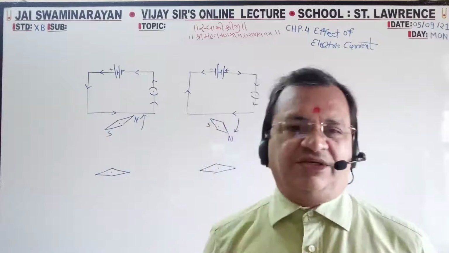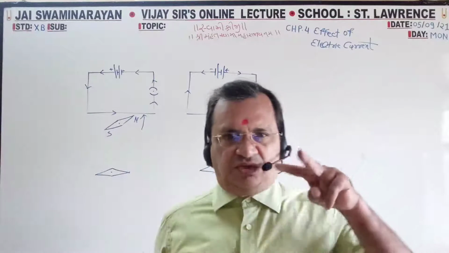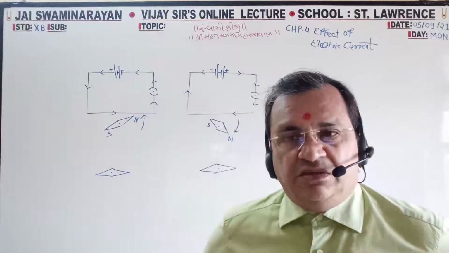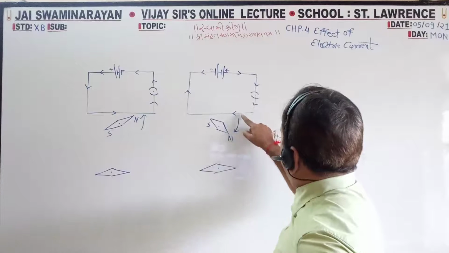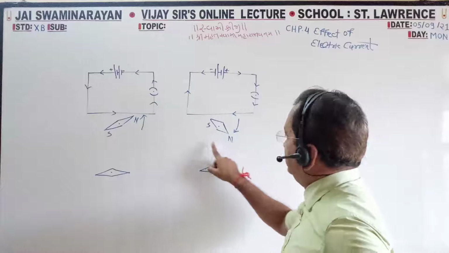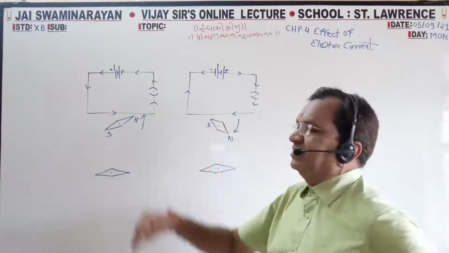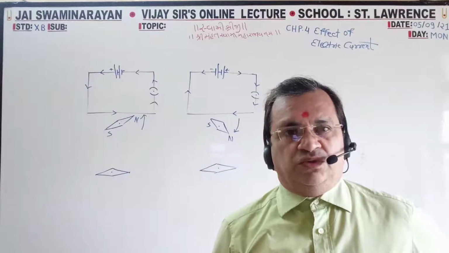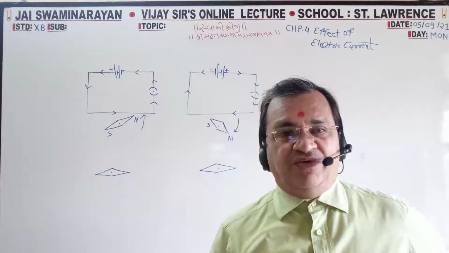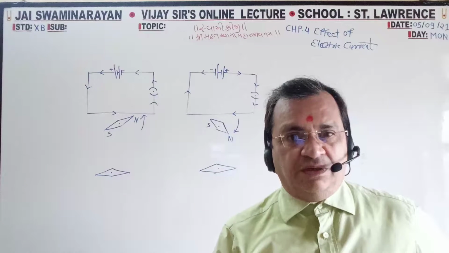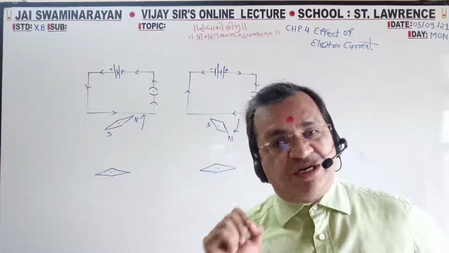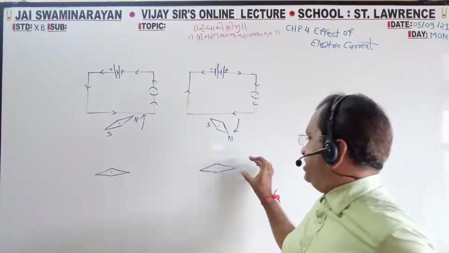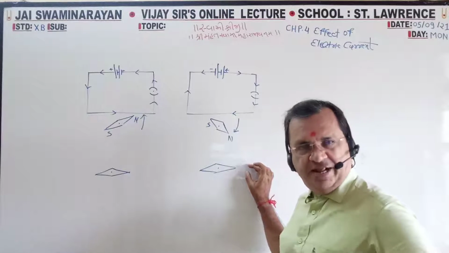Now change the direction. Remove and replace the two terminals. Now it will go away. South will be in this direction. So when you pass electric current through the conductor, a magnetic field will be introduced. That can be checked by the magnetic needle.